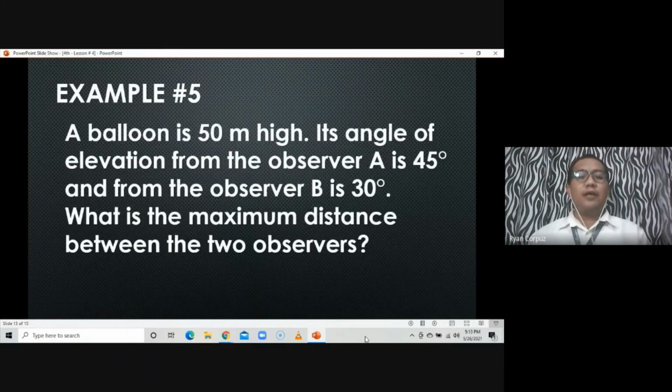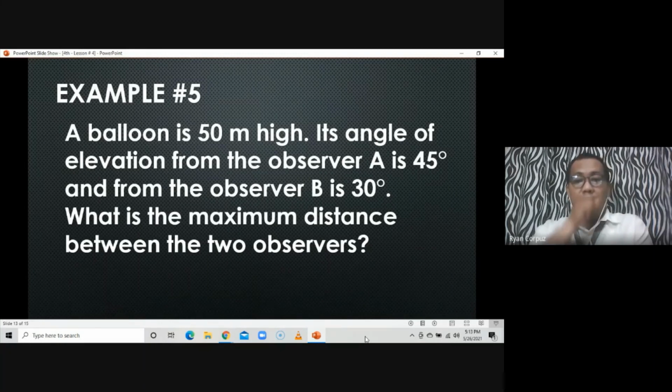A balloon is 50 meters high. Its angle of elevation from observer A is 45 degrees, and from observer B is 30 degrees. What is the maximum distance between the two observers? We have two observers in the problem.